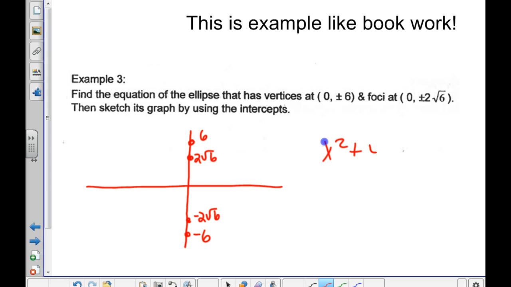We want it to look like this when we're done. Elijah said underneath here should be a 36. Is he right or not? This is obviously the major axis if the foci are on it. It's in the y direction, 36. So we need to find this number.